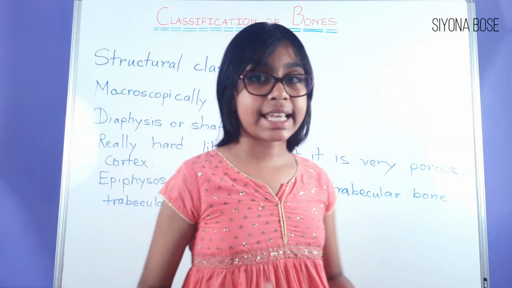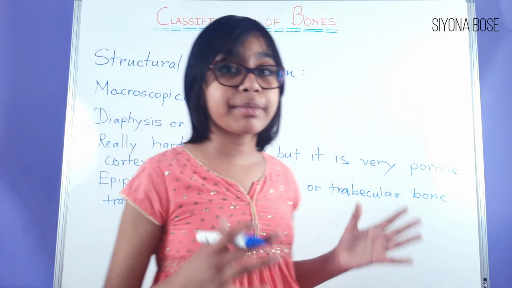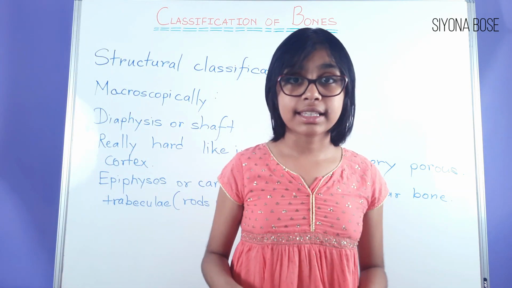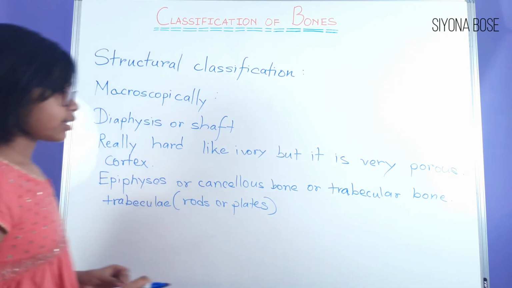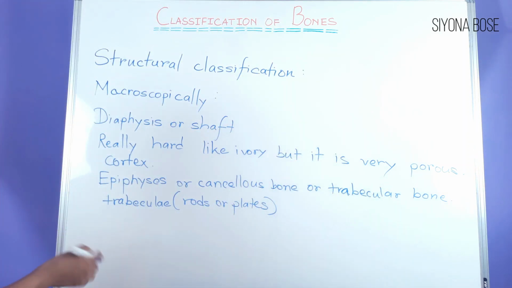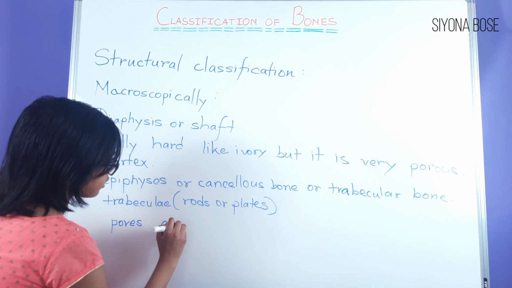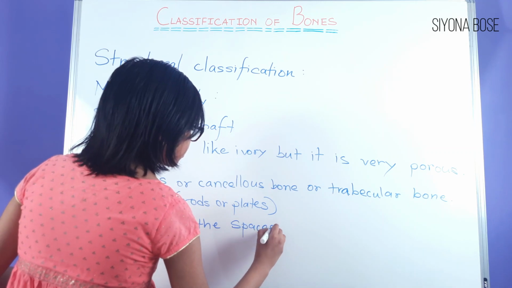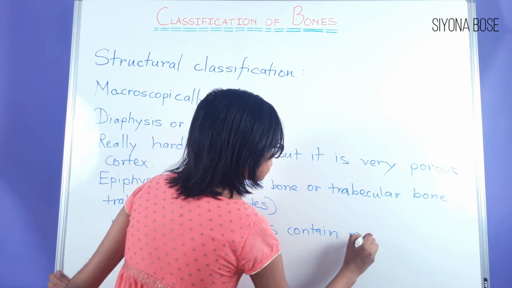The epiphyses or the cancellous bone has a network of trabeculae, meaning a meshwork of rods and plates, a meshwork of rods or a meshwork of plates. Those are different ways we can connect these rods and plates in the cancellous bone. It also has spaces, that means the pores, which contain marrow.